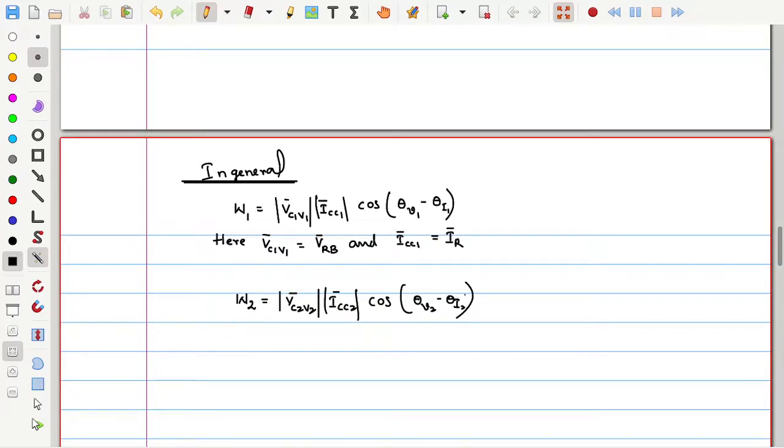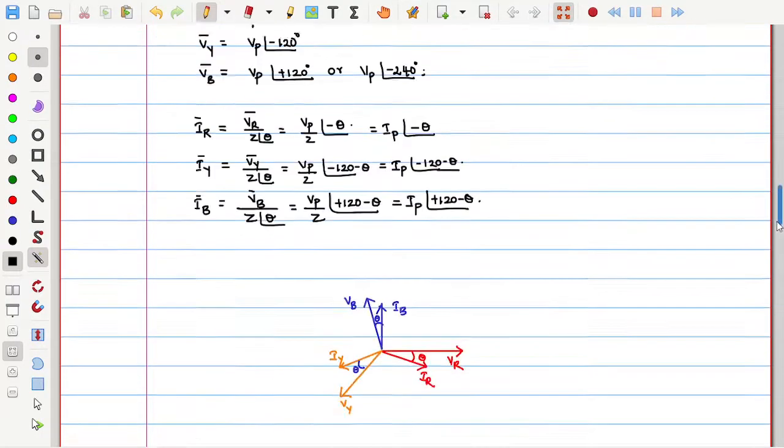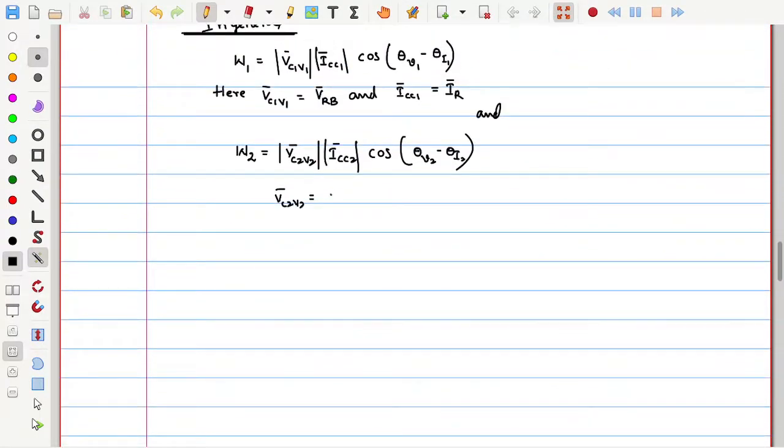And here V C2 V2 is equal to, tell me, where is C2 connected? Y to B. So VYB, and ICC2 is equal to IY.